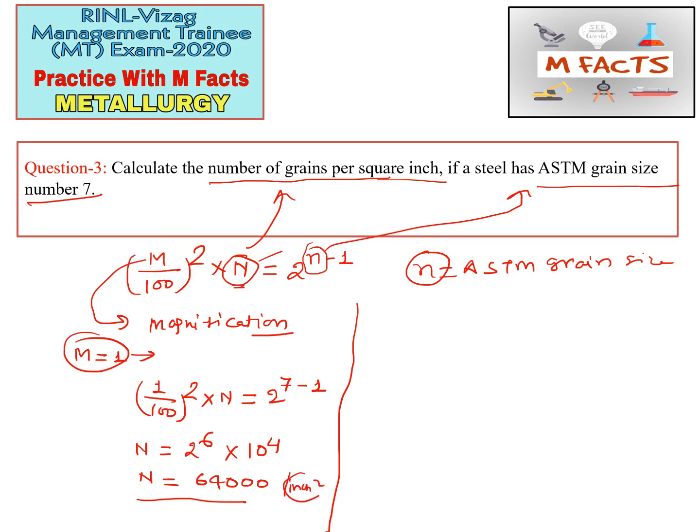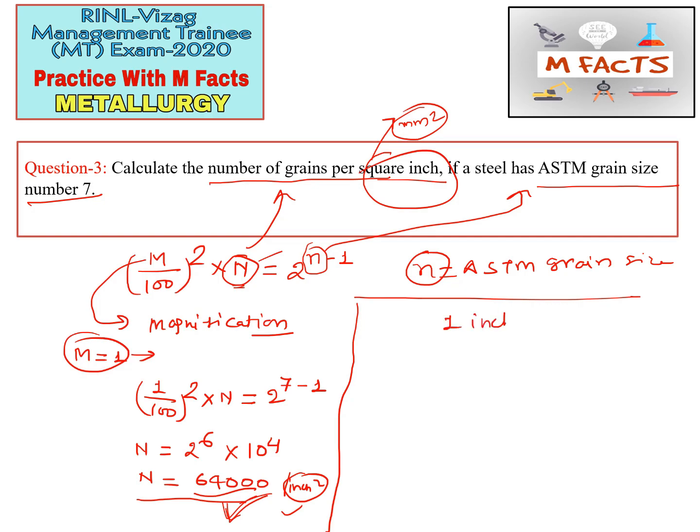So we calculated in per square inch. Sometimes they change the unit: instead of per square inch they ask in per square mm. How do we approach that question? We do the calculation till here, 64,000 per square inch. Now, as 1 inch is equal to 25 mm, 1 square inch will be 645 mm square.